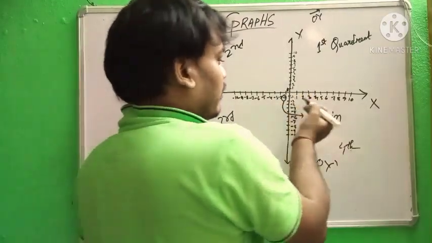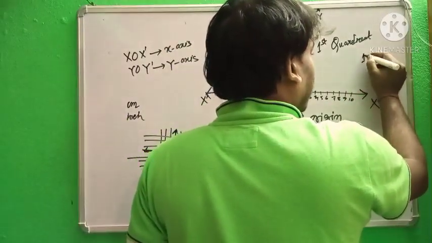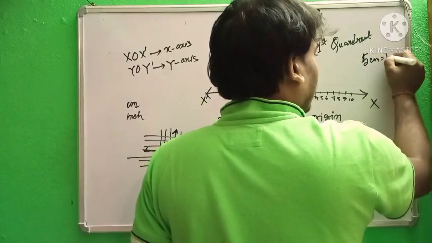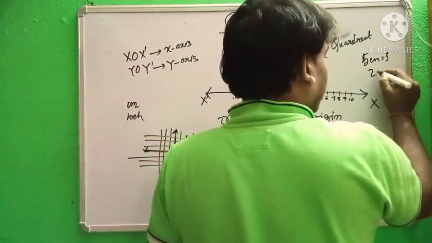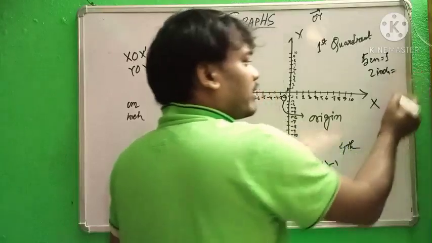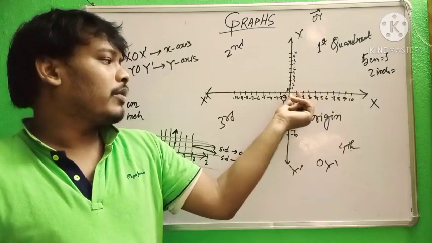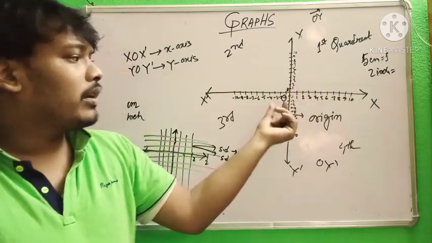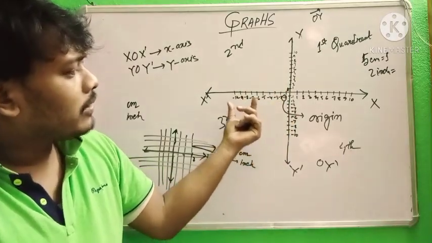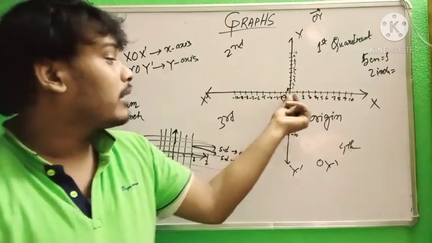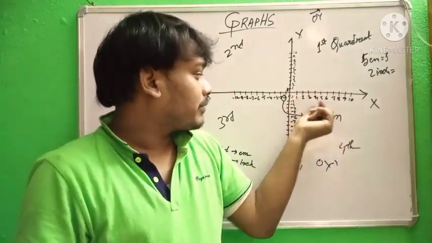In graph paper, we can draw in this way: 5 centimeter equal to 1 unit, that means the distance. Or 2 inch equal to 1 unit as per requirement. So we take 1 unit distance according to the values or according to the graph paper, in such a way that the graph paper looks good, and we can write 1, 2 in those gaps.